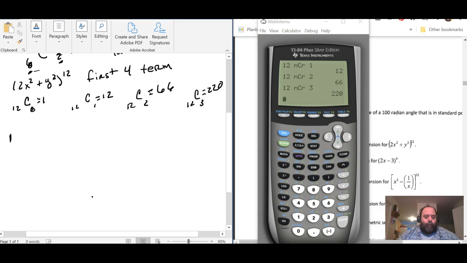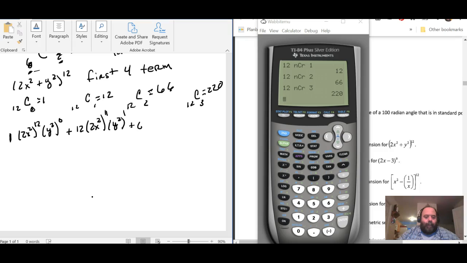Remember, we're going to take that coefficient 1, and then the (2x²) to the 12th times (y²) to the 0, plus 12 times (2x²) to the 11th times (y²) to the 1st, plus 66 times (2x²) to the 10th (y²) to the 2nd, and then finally 220 times (2x²) to the 9th (y²) to the 3rd.